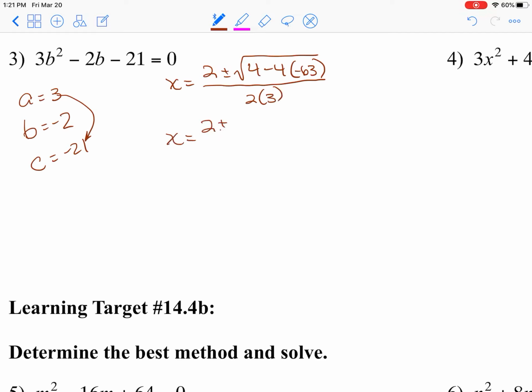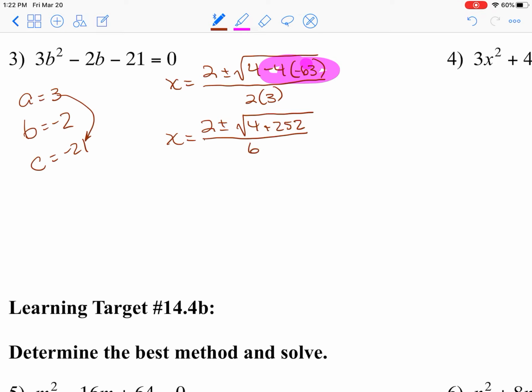So now to do a little work. Underneath the radical symbol there, -4 times -63 is going to be positive 252. Make sure that 4 times 63 is 252.